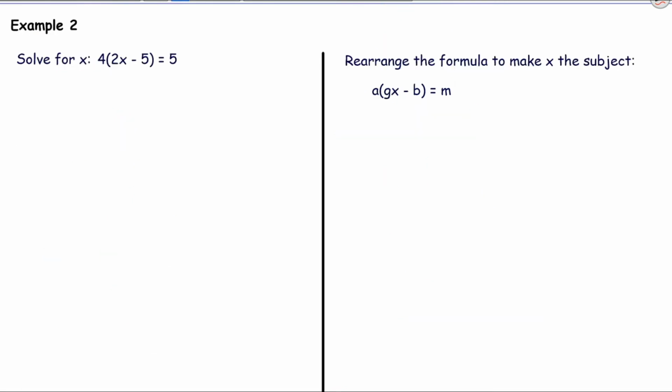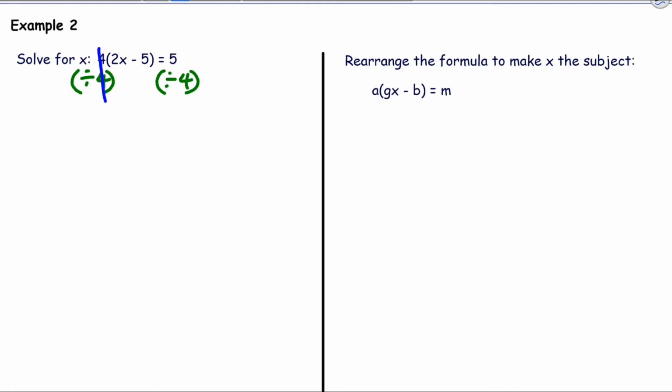Okay, example 2, we shall use the same process. The first step will be dividing by 4, because 4 is multiplied by 2x minus 5. So we need to get rid of the 4. So divide by 4 on each side, and 4 divided by 4 will be equal to 1.